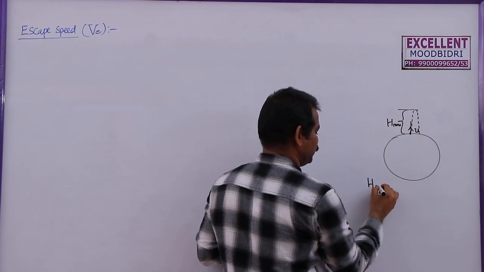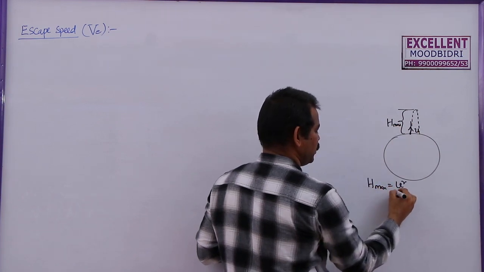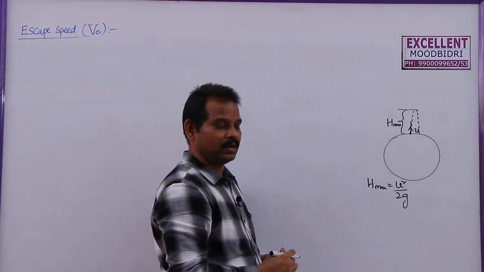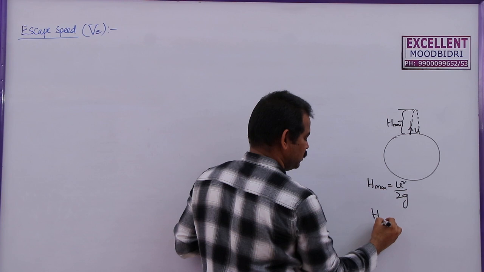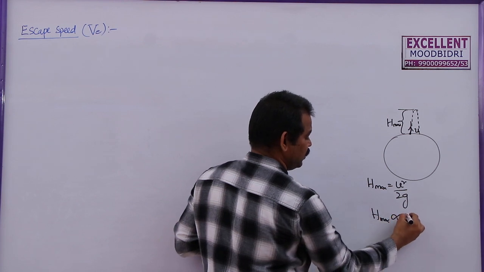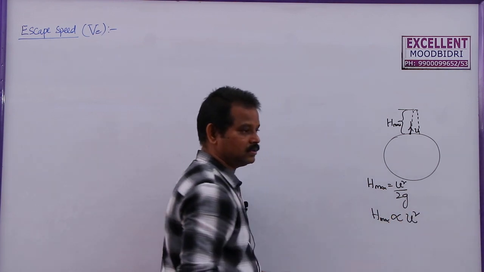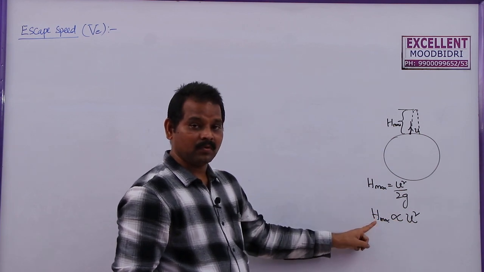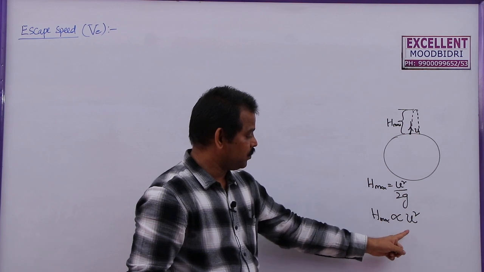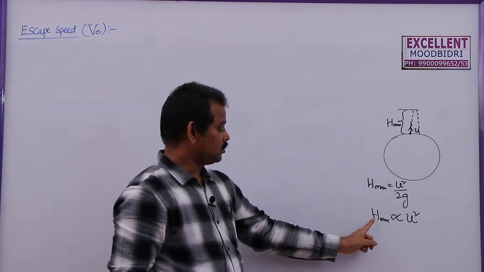So h max is given by u square by 2g. Now the maximum height reached is directly proportional to the square of the velocity. If the velocity is doubled, the height reached will become quadrupled, because u square will become 4u square, so this will become 4 times.